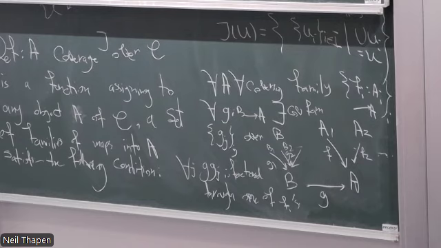So example number one. Of course, if your C is the O of X, then you can simply define J of U as I said, all the U_i's such that the union of U_i's is U, right?